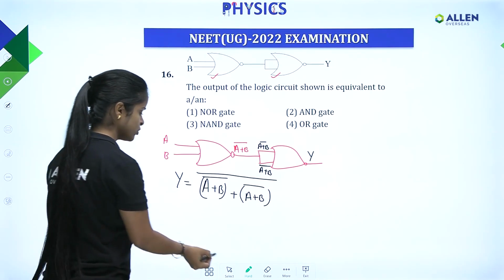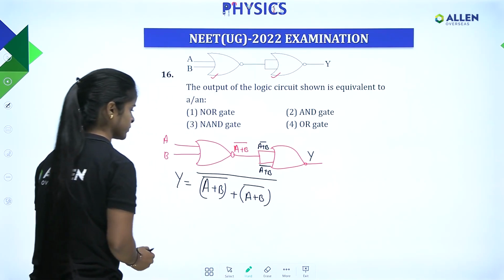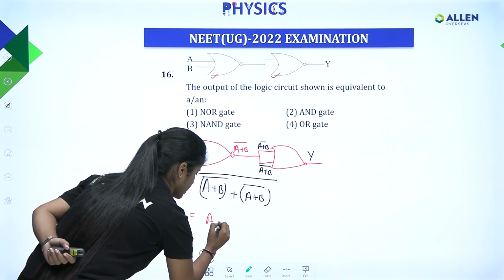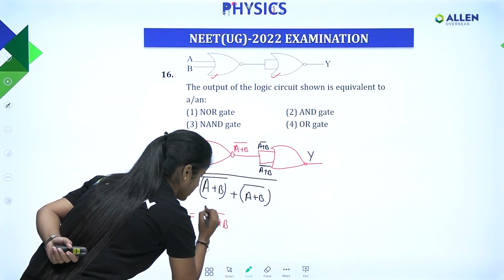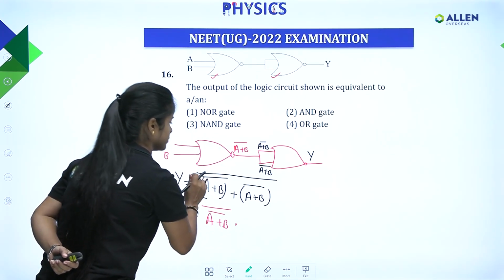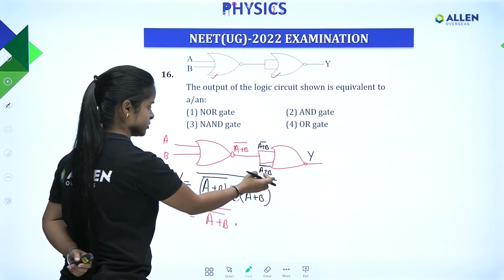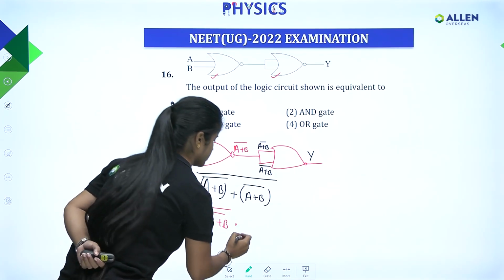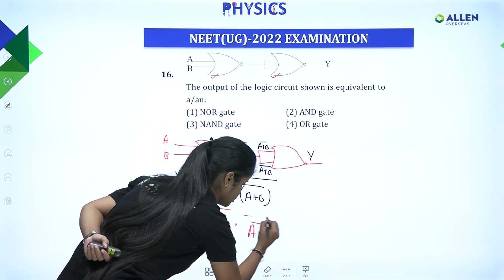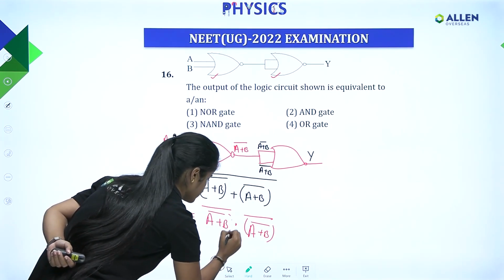Good. Now I am going to use De Morgan's theorem. By using De Morgan's theorem, what I can write here, (A plus B) bar over bar dot, because I am breaking this above bar, right? So again (A plus B) bar whole bar, right?